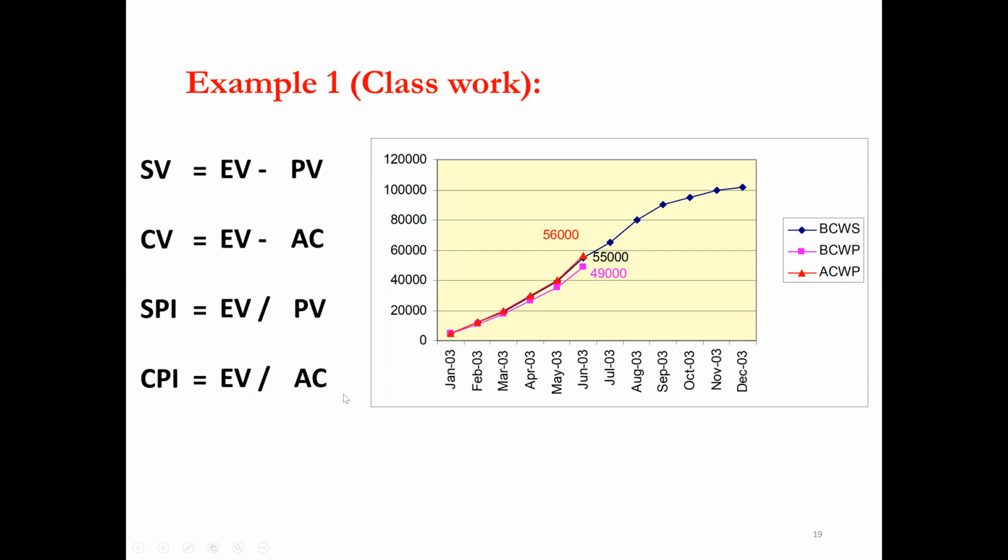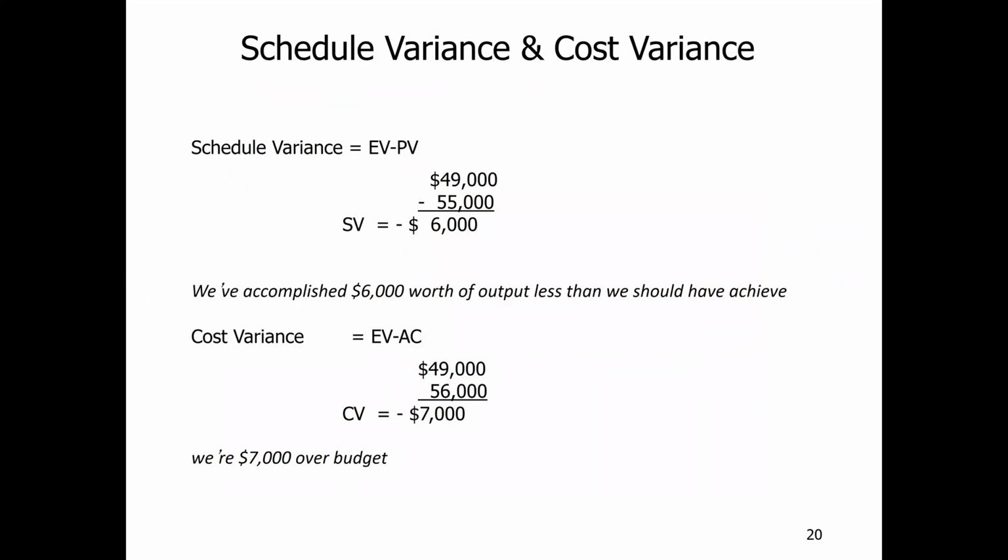So we know these PV, EV and AC values from this graph. Then we find the schedule performance in the next slide. SV is EV minus PV, so we got a negative answer of minus 6,000.